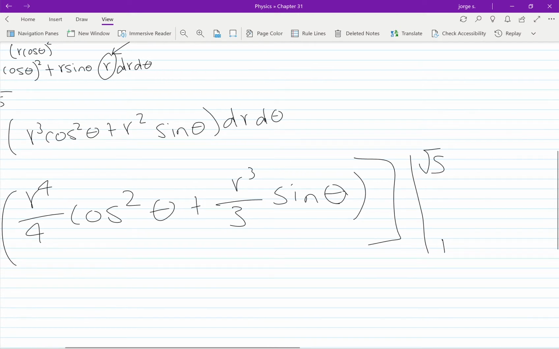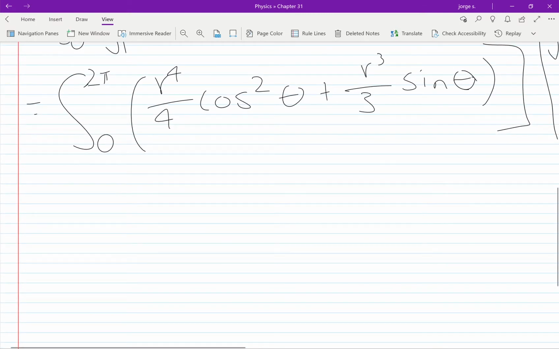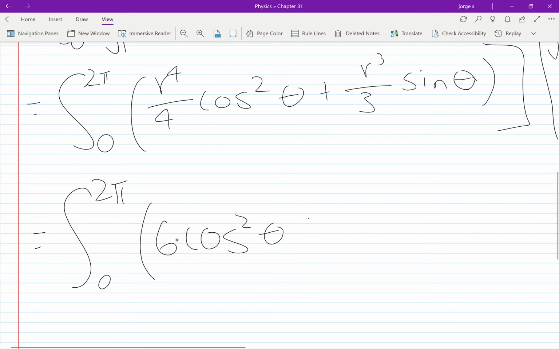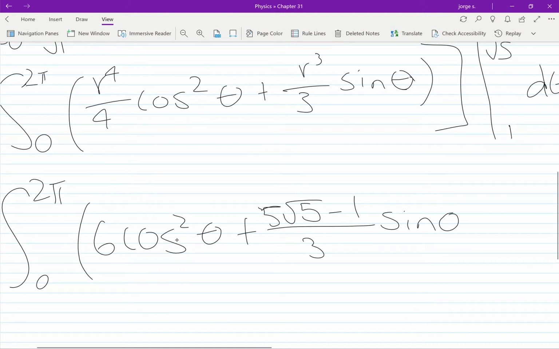Okay, that's for dr, so we still have d theta, don't forget that, guys. After that, we simplified it even further. This becomes 6 cosine squared theta plus 5 rad 5 minus 1 over 3 sine theta d theta.